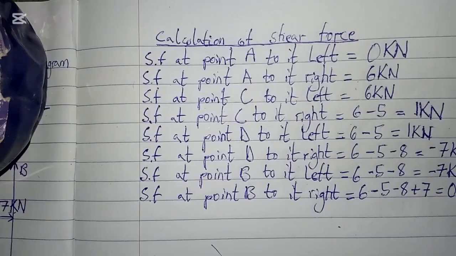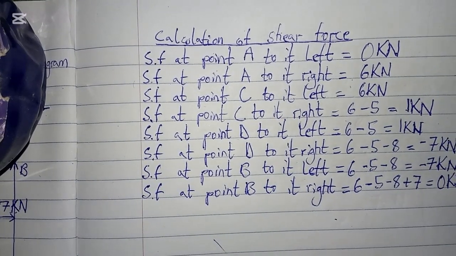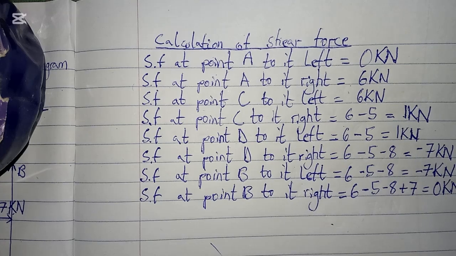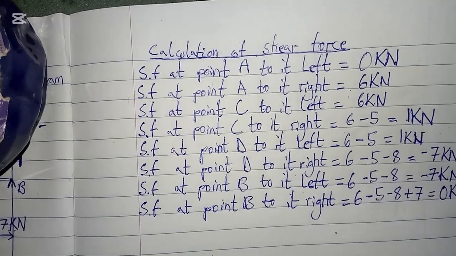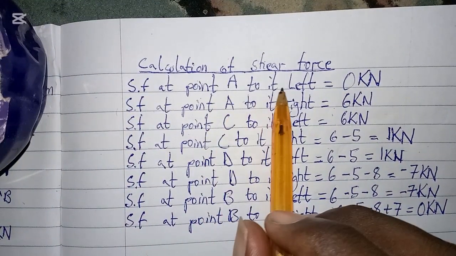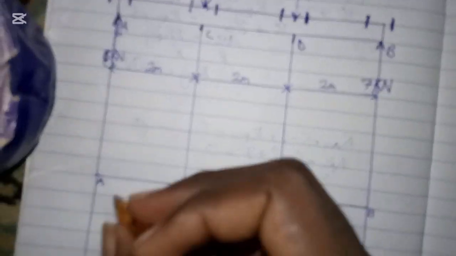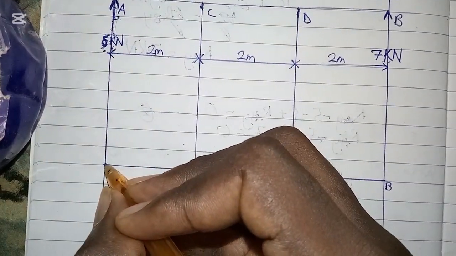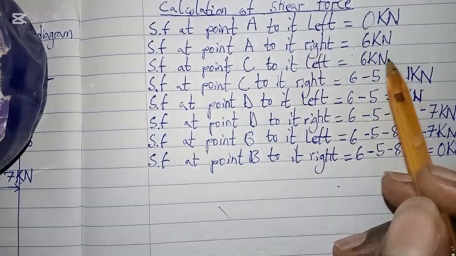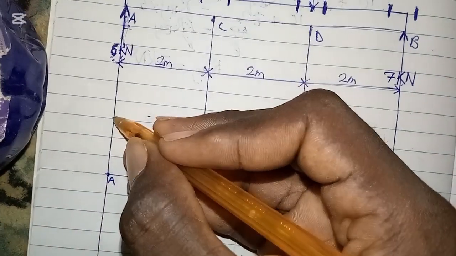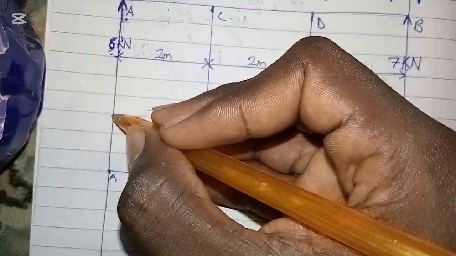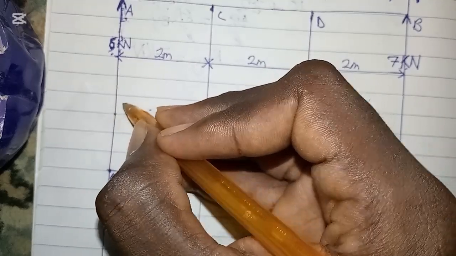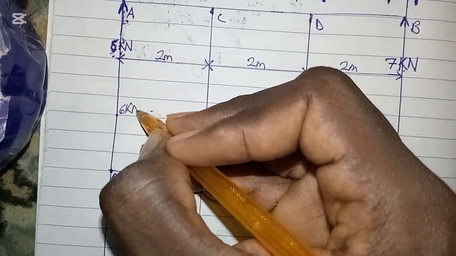So we are coming to begin to draw the shear force diagram. Shear force at point A to 8 left is 0. Here is 0. And shear force at point A to 8 right is 6. So from here to here, let's assume, it will be 6 kilonewton.